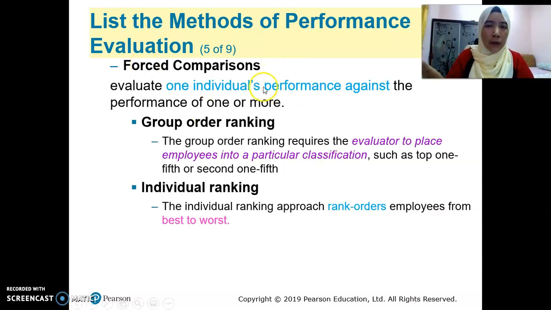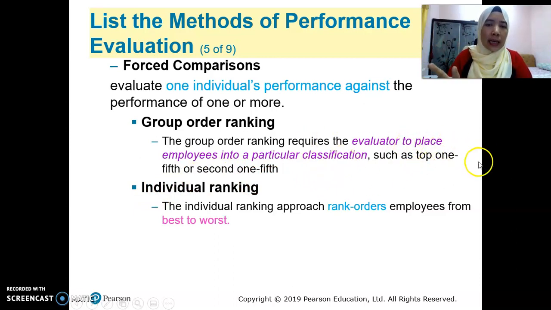So there are two types of force comparison. One is using group order ranking. The other one is individual ranking. Group order ranking requires the evaluator to place employees into particular classifications. So they group the performance of these employees based on the group order. It can be, for example, top 1/5, second 1/5, or third 1/5.